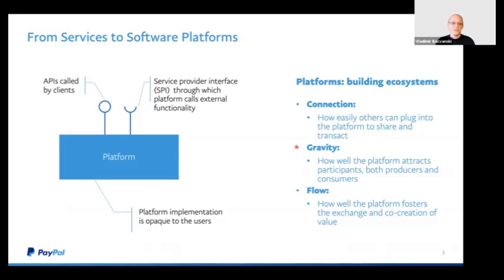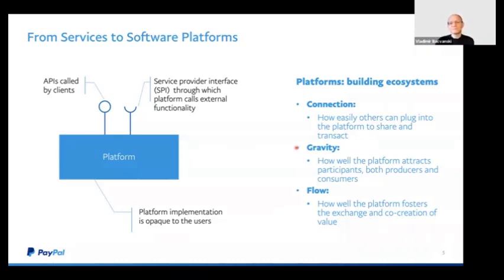The services that are exposed need to be attractive. So we are saying that certain platforms have gravity, and that is something that you see in commercial ecosystems, where you have software as a service products. Those that provide exceptional value to their users have strong gravity, and then the users are gravitating towards them.